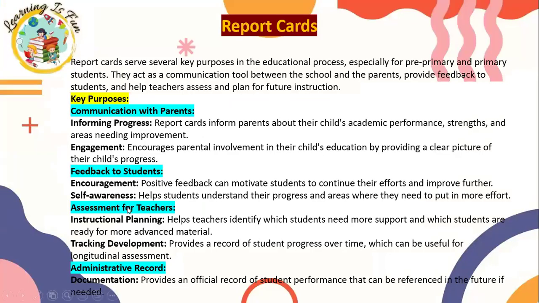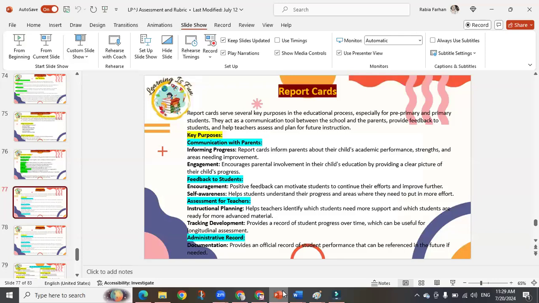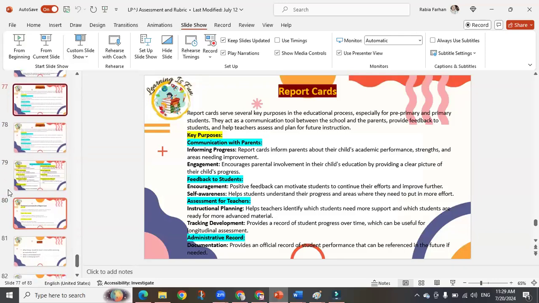Now we'll come to report cards. As you all know, report cards, again, all the things are the same: it is a communication with parents, feedback on the student, assessment of the teachers also, and an administrative record definitely.